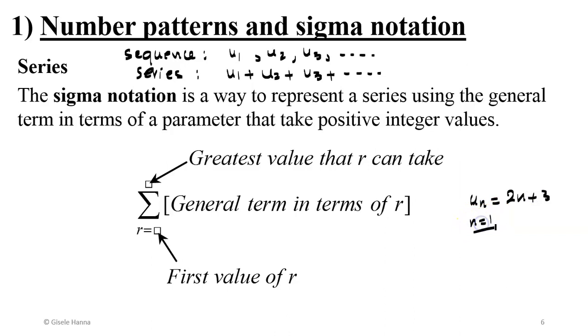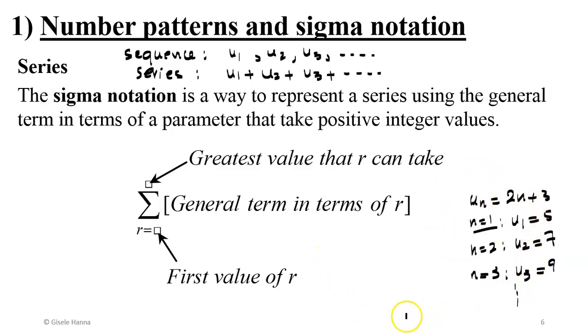So for n equals 1, the first term of the sequence is 5. For n equals 2, the term of the sequence is 4 plus 3, which is 7. For n equals 3, the third term would be 2 times 3, which is 6, plus 3, that's 9, etc. Now, these are the terms of the sequence.